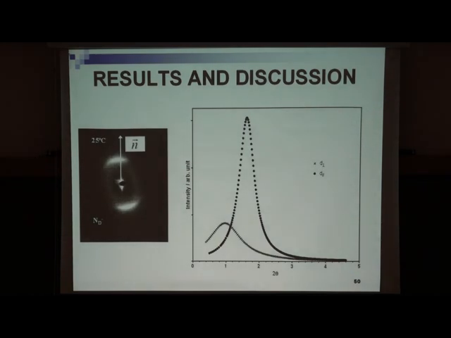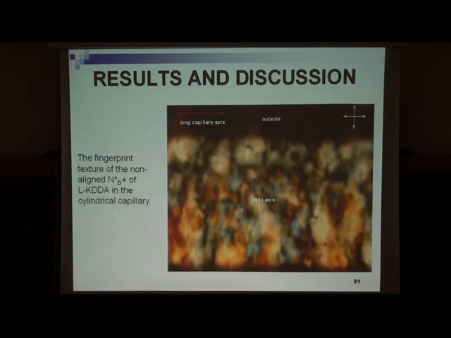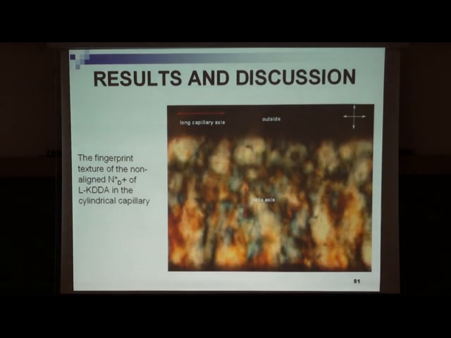And we fit the results to a Lorentzian function. The values give very good results. And these are the chiral nematic phases before the magnetic field is applied. The helix axis is perpendicular to the short capillary axis.